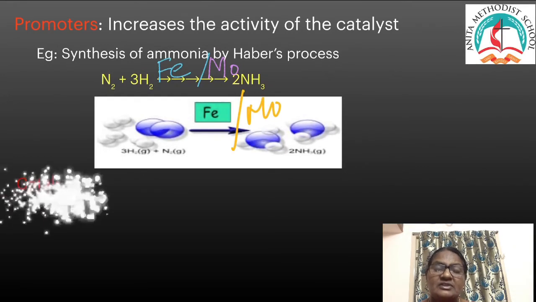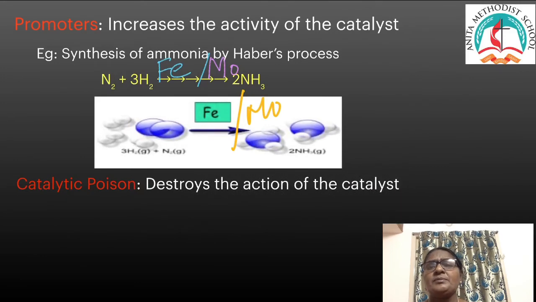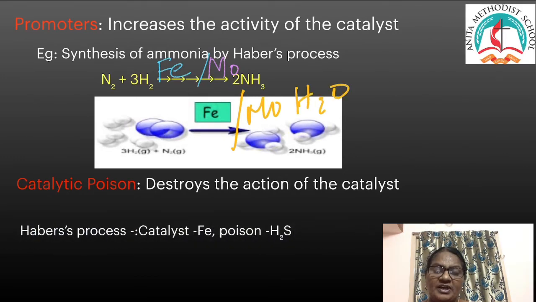The next we have catalytic poison. For the same Haber's process, we saw that molybdenum increases the activity of the catalyst. If any substance decreases and destroys the catalytic activity, then it is said to be a catalytic poison. Traces of hydrogen sulfide: if I find a little bit of hydrogen sulfide in Haber's process, then iron does not function effectively.